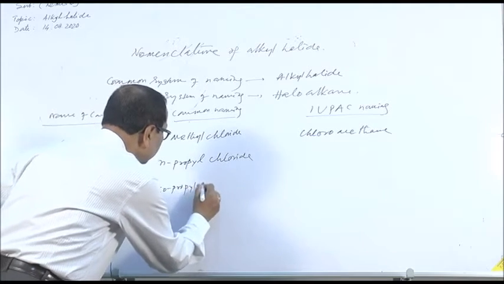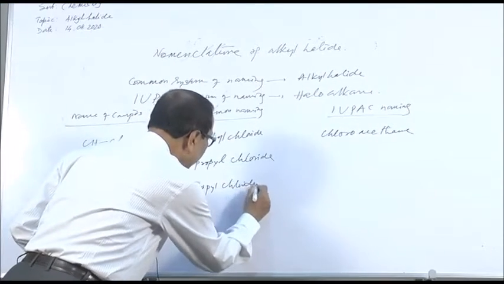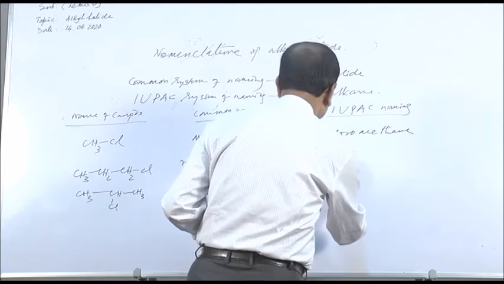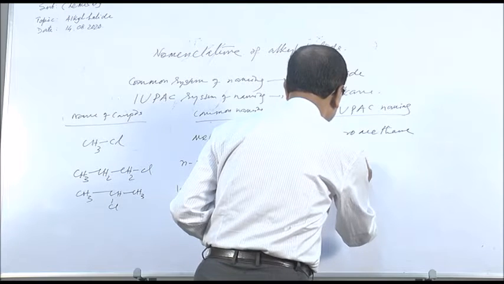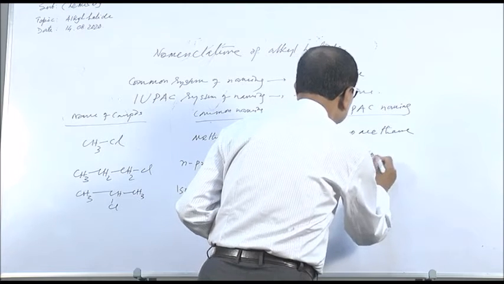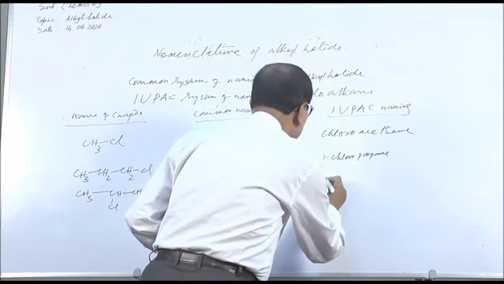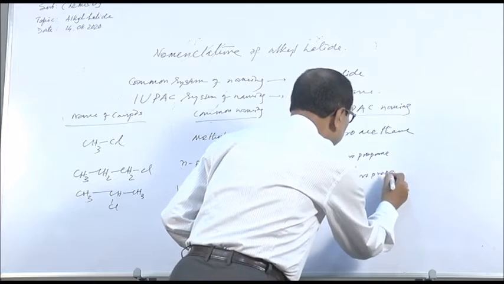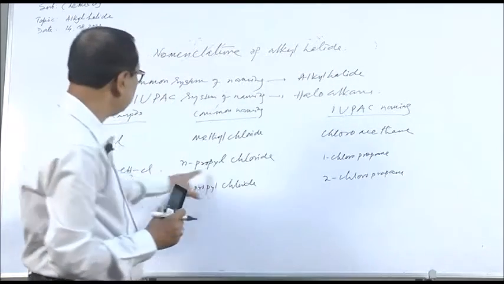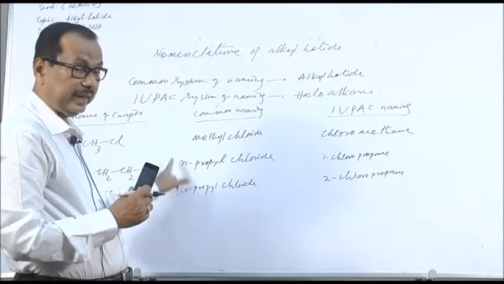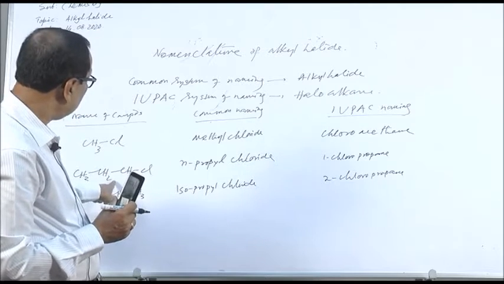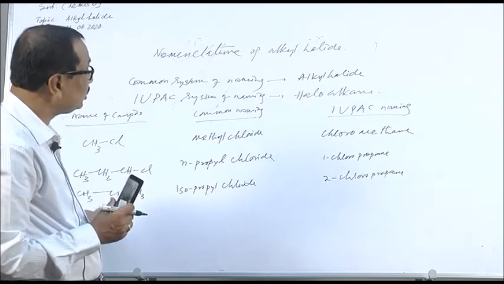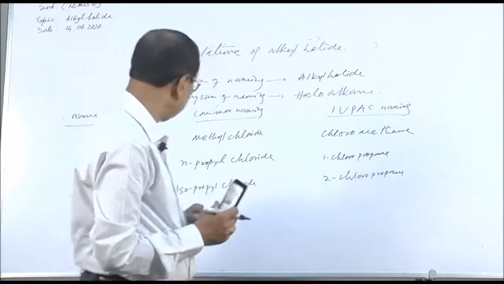In the IUPAC system, this is 1-chloropropane and this is 2-chloropropane. So n-propyl chloride and isopropyl chloride are isomers, and the position of the chlorine is at 1 position and at 2 position, therefore the names are 1-chloropropane and 2-chloropropane.